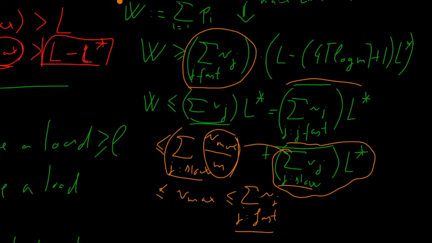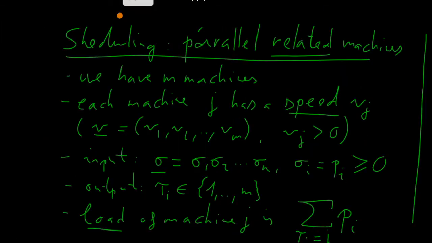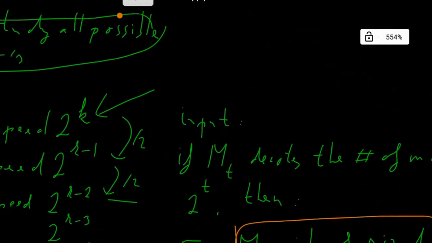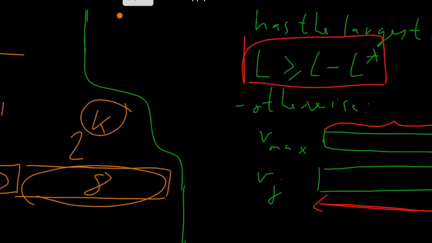So basically it says that the total speed of the slow machines is at most as large as the total speed of the fast machines. It shouldn't be that surprising, I would say.